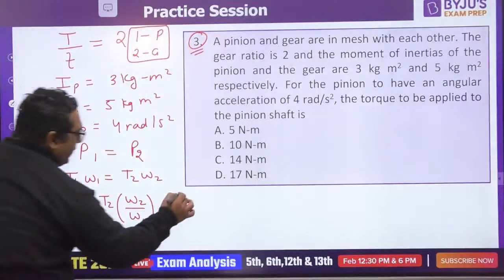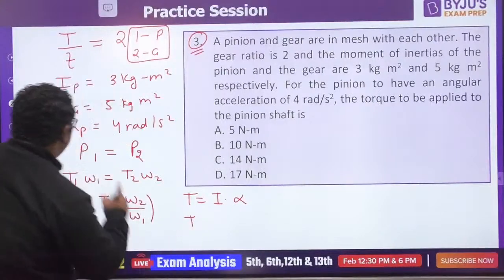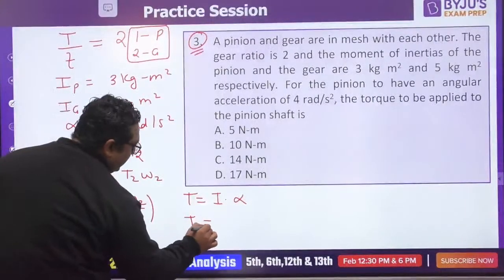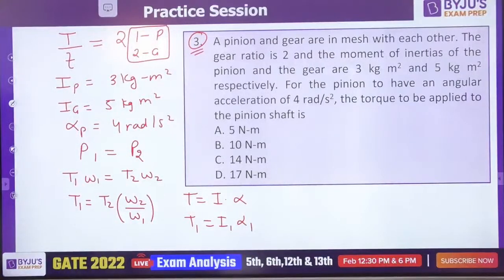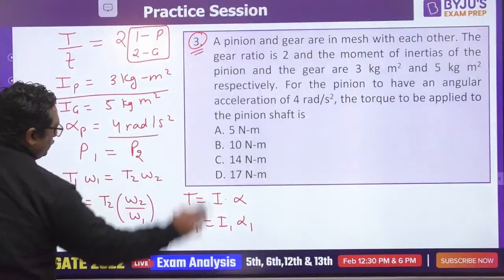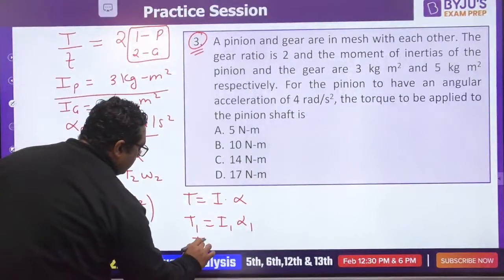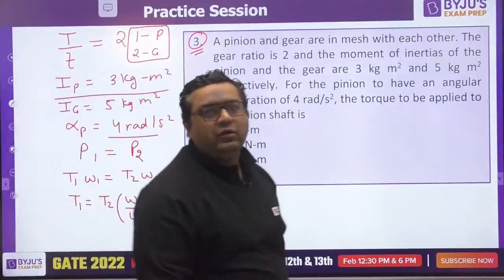You also know torque is I into alpha. So T1 is I1 alpha 1. I1 is already given to you, 3. Alpha 1 is given to you. So you can find out T1. They are asking about the T1 only.